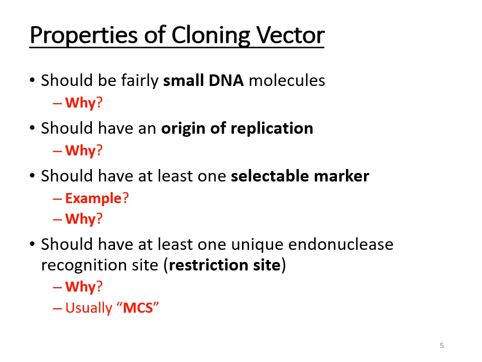Secondly, it should have an origin of replication. Why is that? Well, you want the bacteria to do what? Make a whole lot of copies of that DNA for you. By having an origin of replication, it allows the bacteria to make lots of copies for you.